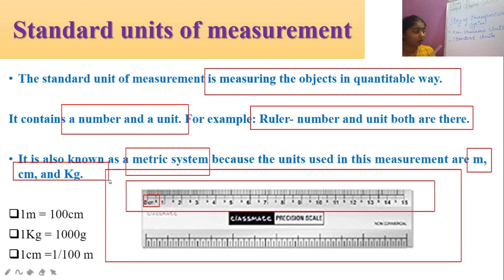And for 1 kg we have 1000 gram. For 1 centimeter, if you want to calculate, you have to substitute the terms, okay? So 1 meter is 100 centimeter. If I want to calculate for 1 centimeter, I am going to divide 1 by 100 meter, okay?